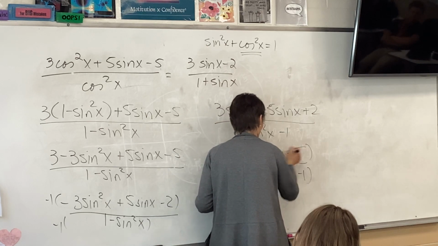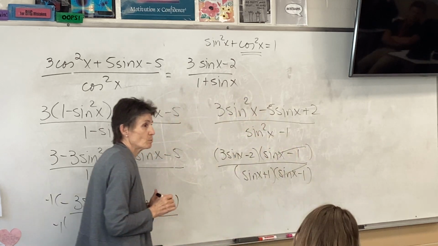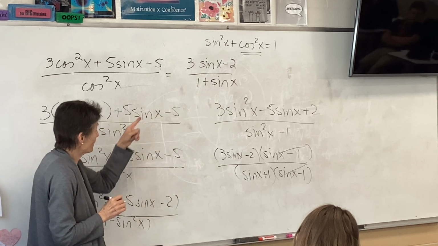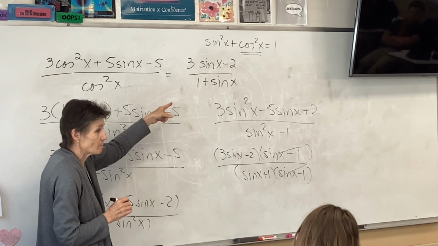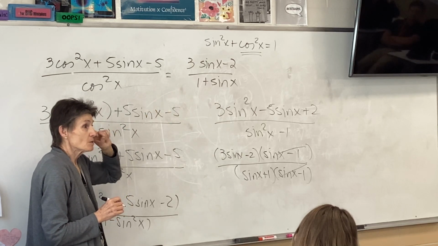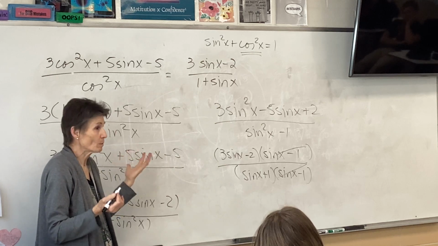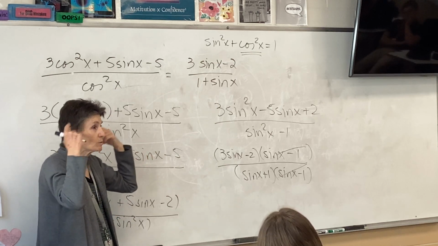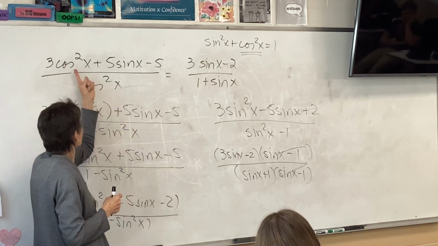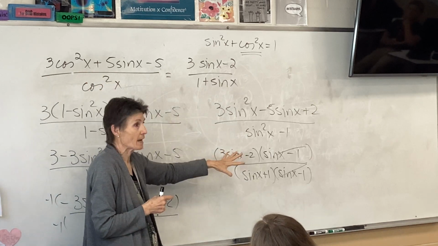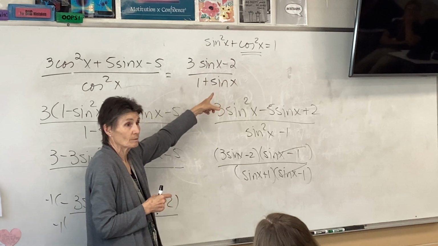And lo and behold, once we factor, we can cancel, and then we're left with what we wanted to be left with. Okay? So again, every one of these problems is going to be different, you guys. So what was going through my mind? Got to get rid of these, and got to somehow cancel something out. That's my goal right there.